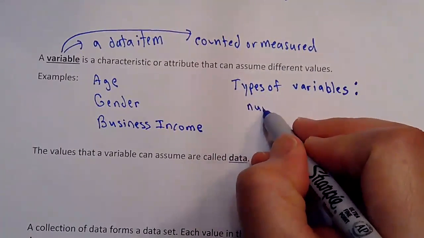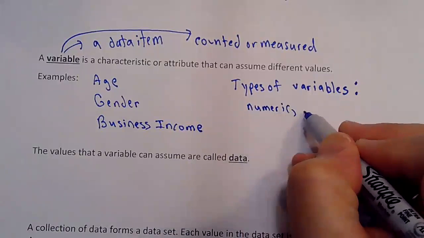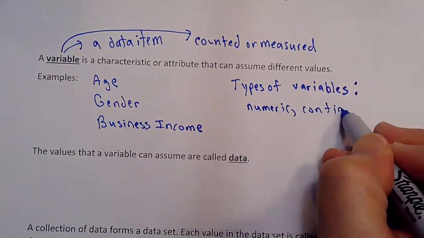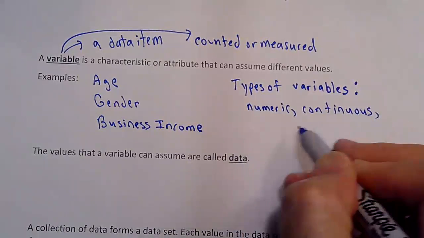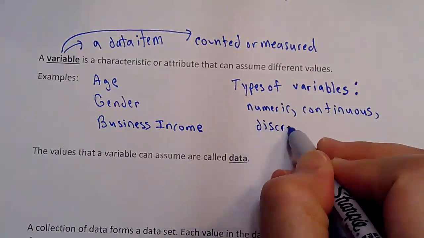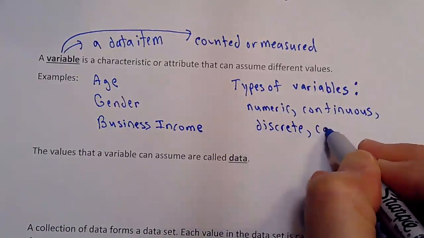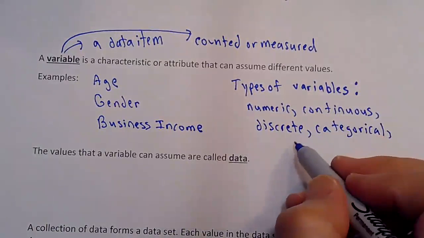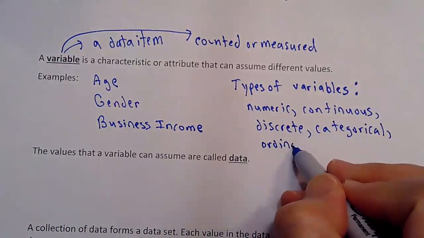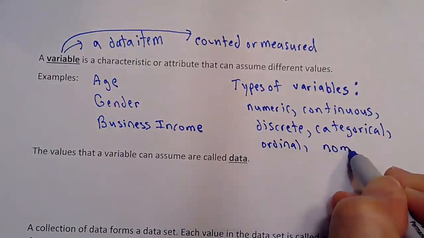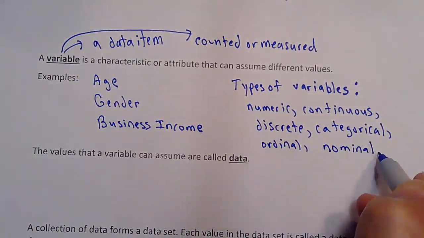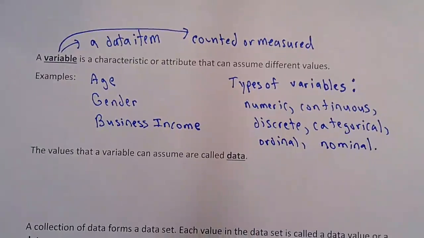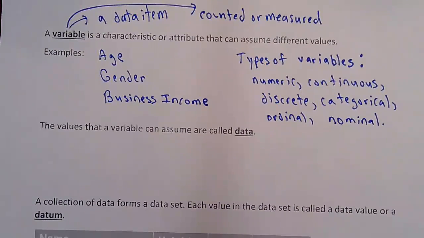We could have numeric variables, continuous variables, discrete variables, categorical variables, ordinal variables, nominal variables. I just put those down for types of variables. We'll go over those in more detail in this chapter 1.